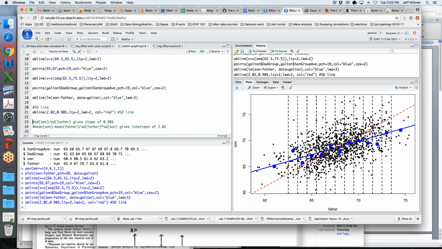Out at the right, if dad is really tall, let's say around 74 inches tall, the SD line predicts the son to be also about 74 inches. The regression line makes a prediction much closer to 70 inches. That drop-off is the regression effect.